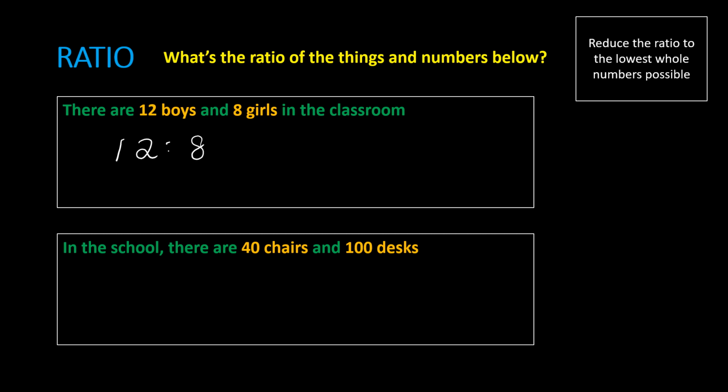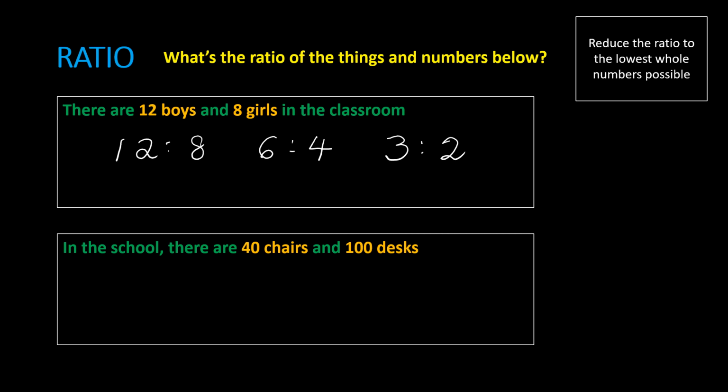So you get 6 to 4. And we also know this number can be reduced even further. If we divide by 2, you get 3 to 2. And that's the answer.